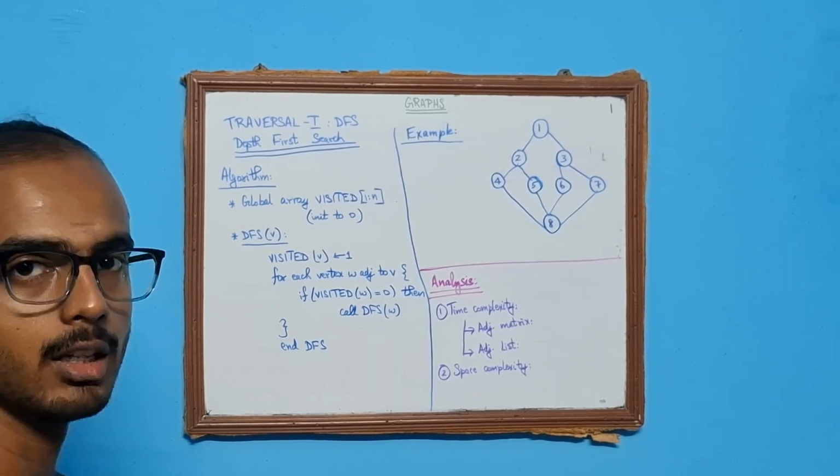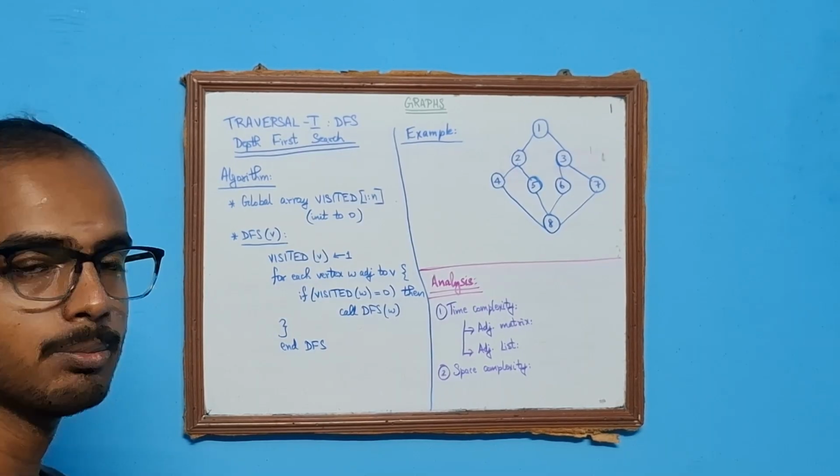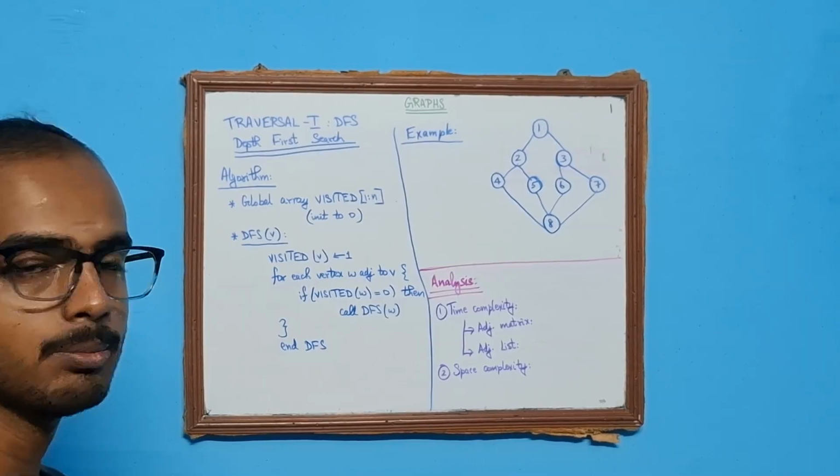Now let us go through this example. Take the main consideration node as 1. I am calling DFS of 1 initially. Let the visited array be zeros like this.